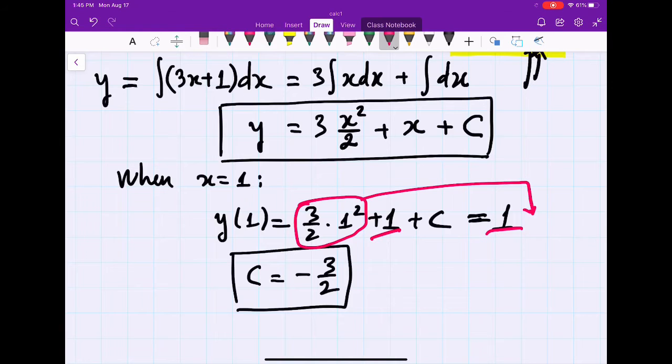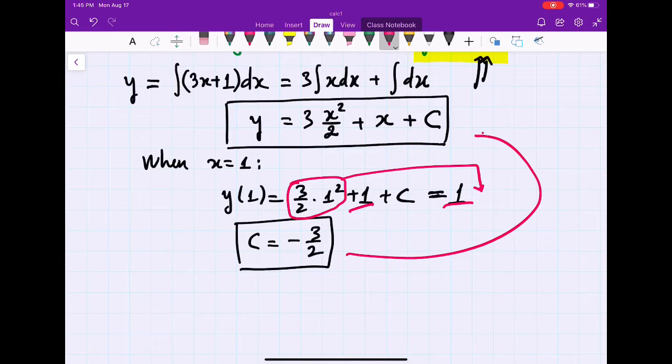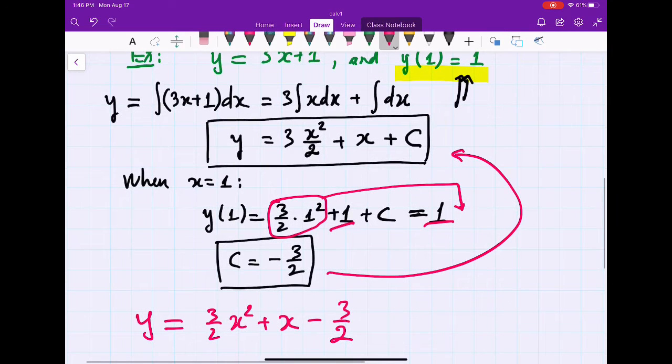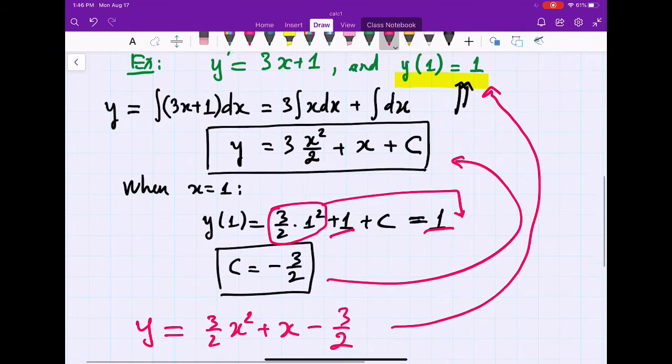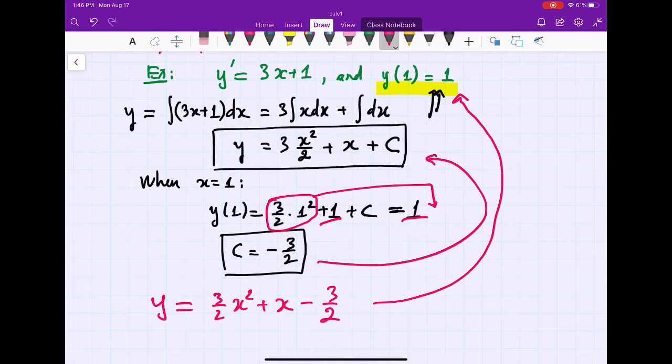Then you plug this back here, and you find your function: 3 over 2 x squared plus x minus 3 over 2. Only this curve satisfies the initial condition right here. Does that make sense? If you change the initial condition, you would have another curve, another antiderivative. Don't forget that.